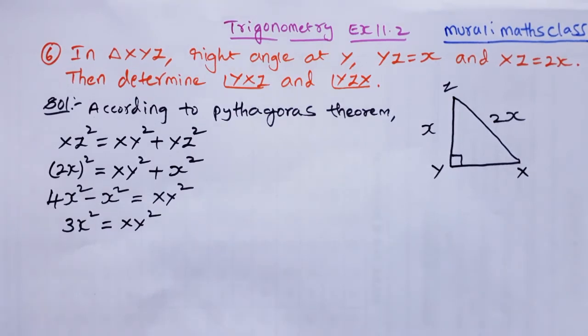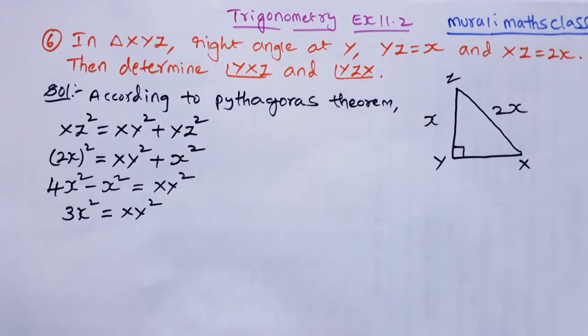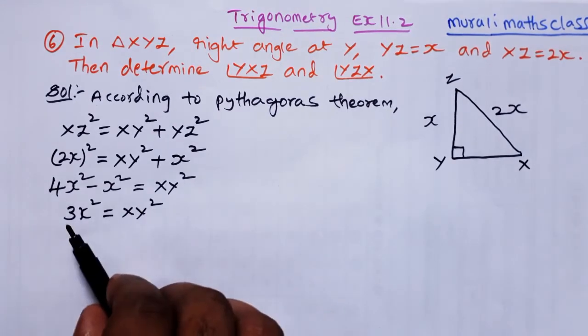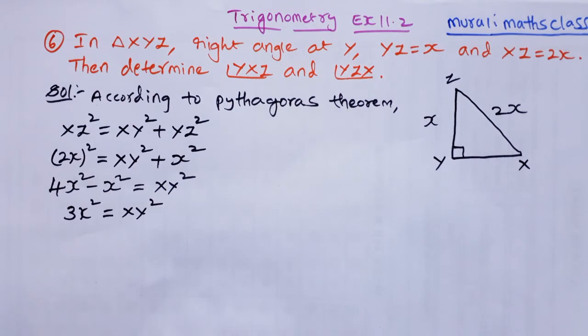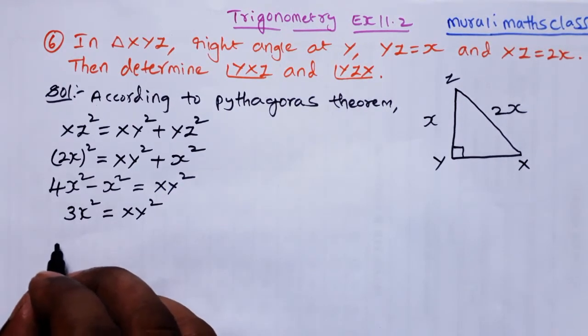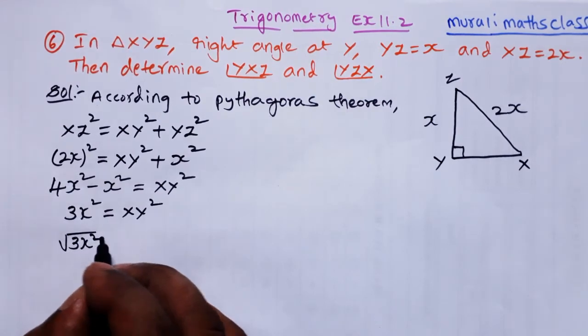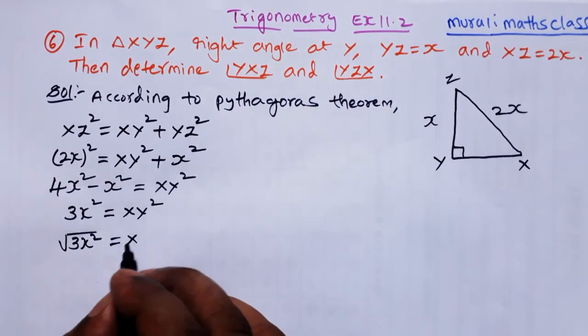Now what we have to do? Here we have square now. The square, take it on the left hand side, becomes square root. So we can write like this: square root of 3X square equals XY.